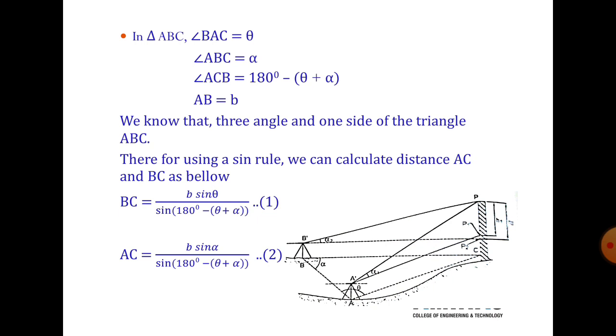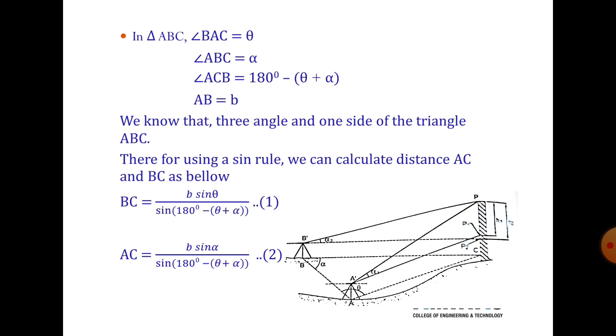So angle C is 180 minus theta minus alpha. Now the AB line is measured using the measuring tape, so its value is b. Now we know one side of the triangle and its angles.